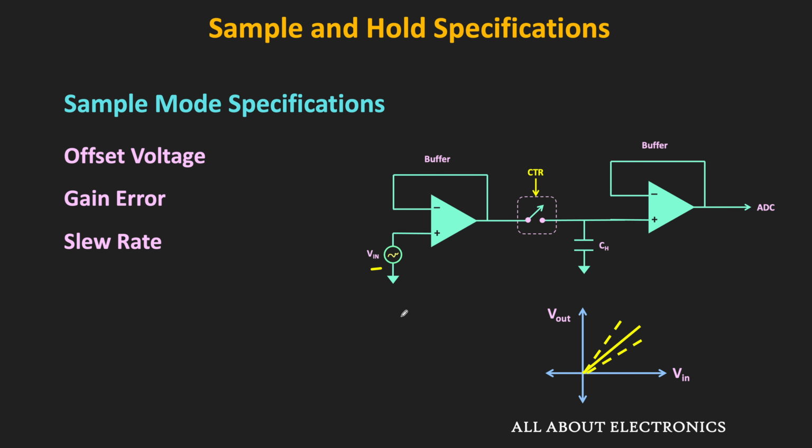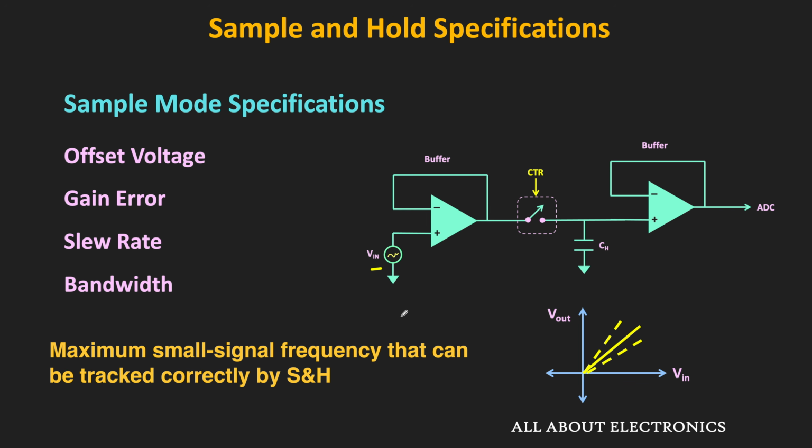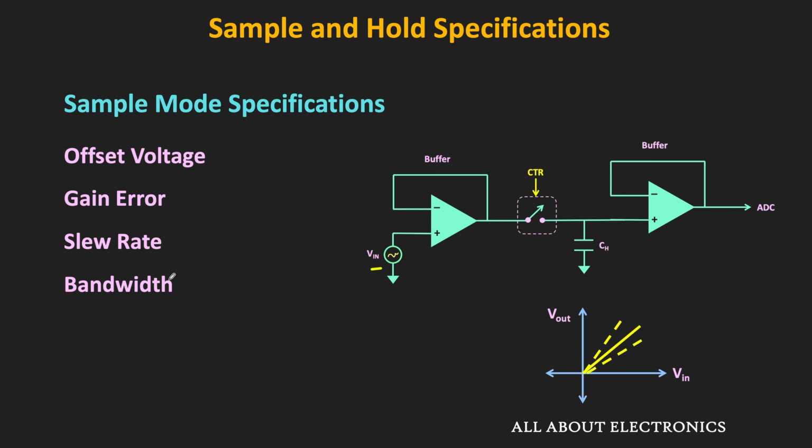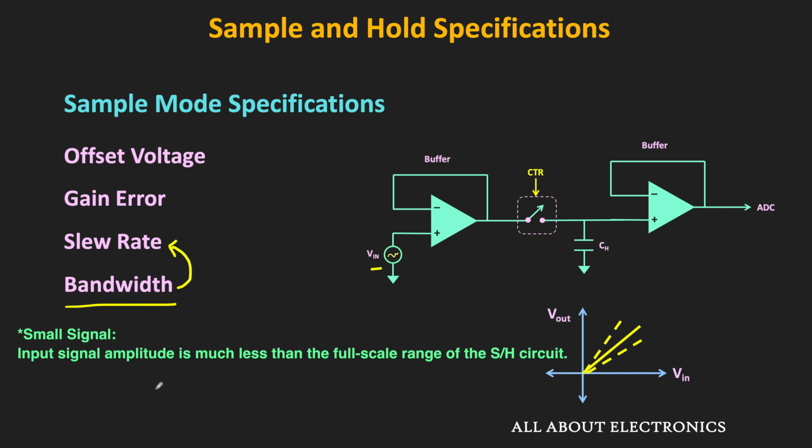Similarly, another specification that is mentioned during the sample mode is the bandwidth, that is, the bandwidth of the sample and hold circuit. This specification also shows us the maximum signal frequency which can be supported and tracked by the sample and hold circuit. But the only difference between this and the earlier specification is that this specification is defined for small signals.